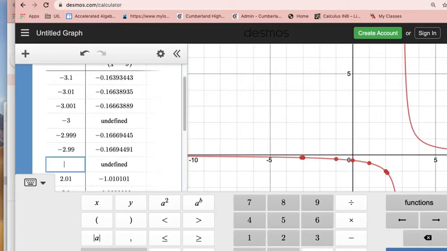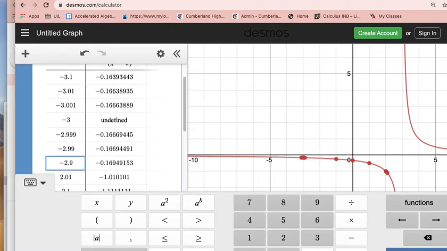What does it look like it's approaching? It looks like it's approaching negative 0.166666.